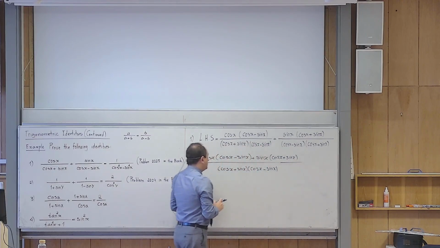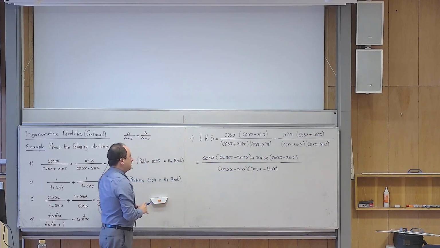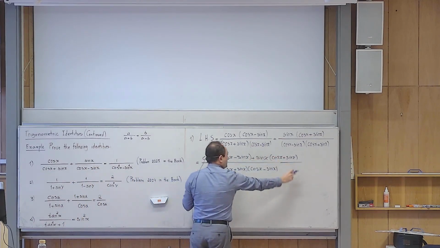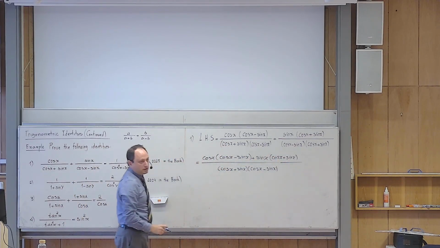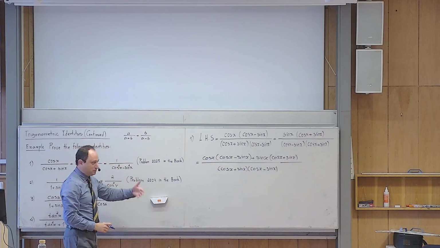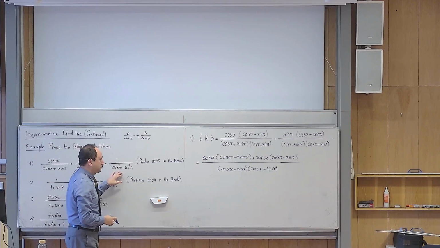Okay. And now, at least it is good. Even though I have a very big fraction, the good point is that it is just one single fraction. So I would say this is progress towards something positive.